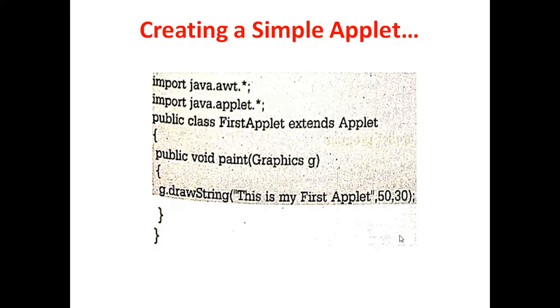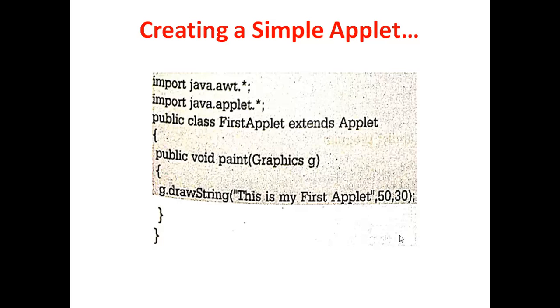Afterwards, I've created a class which extends Applet, in which I've written public void paint, which is to display something on the console. We use the paint function. Therefore, using g.drawString, this string will be displayed on the browser.